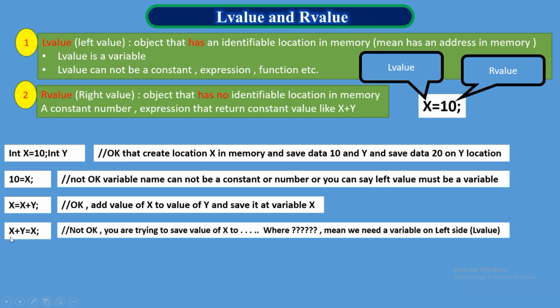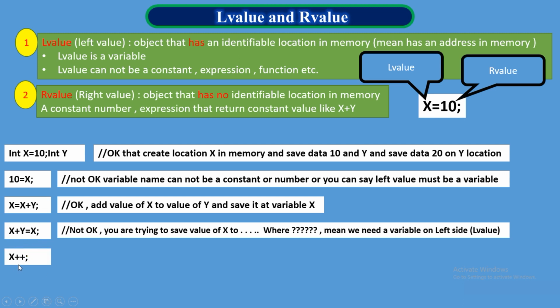On the left side, we don't have any variable name. x plus y is not a memory location. That's why we cannot assign the value of x to x plus y. On the left-hand side, we must have a variable name or memory location where we save our data.